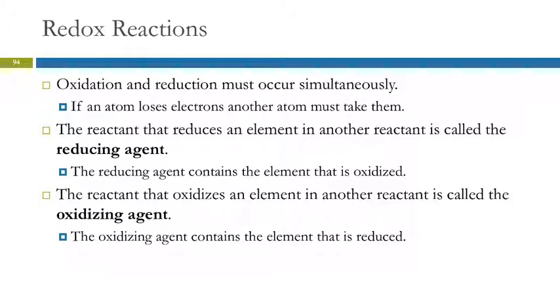The agent causes it to happen, although the agent doesn't actually do it. Does that make sense? So the reducing agent here doesn't get reduced. The reducing agent arranges for something else to be reduced. The oxidizing agent doesn't get oxidized. It arranges for his movie star to get oxidized.